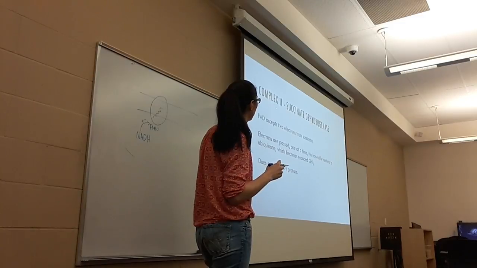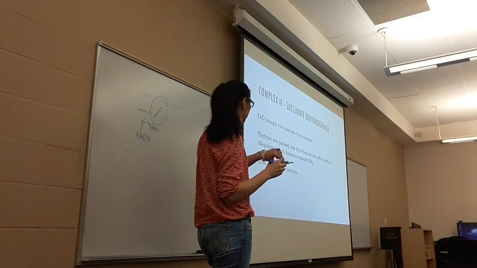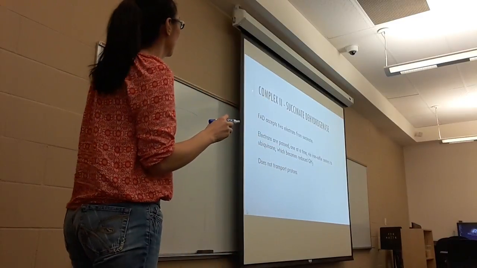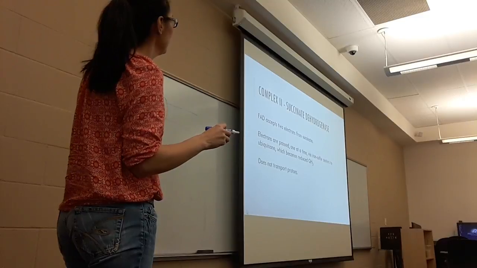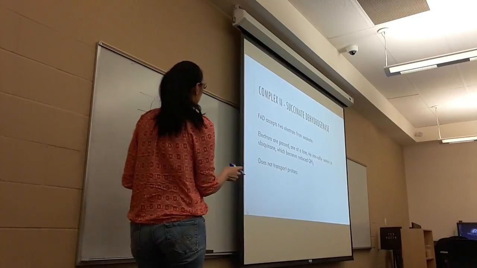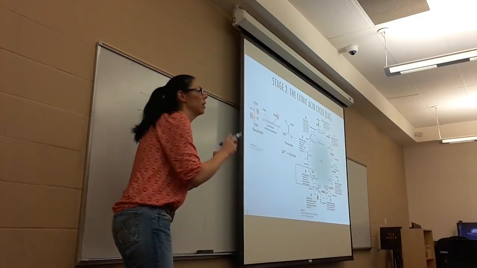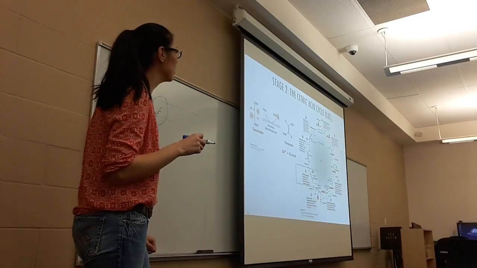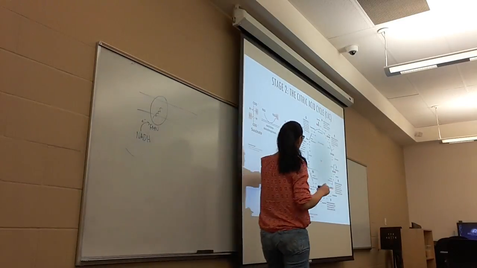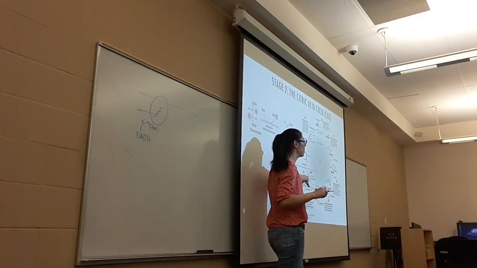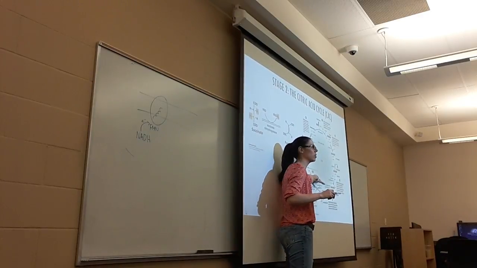Okay, so that was complex 1. Complex 2 is succinate dehydrogenase. I have exactly 3 minutes to go through 2, and then we're going to stop. So complex 2 accepts 2 electrons from FAD. Well, okay, let's go back into the citric acid cycle. So complex 2 actually contains this enzyme here that's important in the citric acid cycle, succinate dehydrogenase.